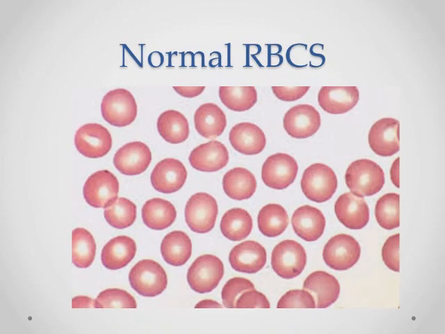So finally we reached the shape of the normal red blood cell. As we see, red blood cells are normally discoid in shape, and that helps them to be more flexible and deformable, and it shows central hypochromia, like what we see here.